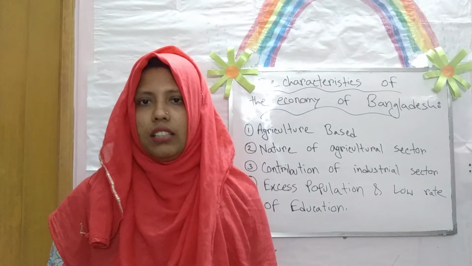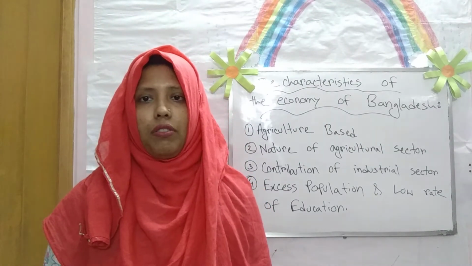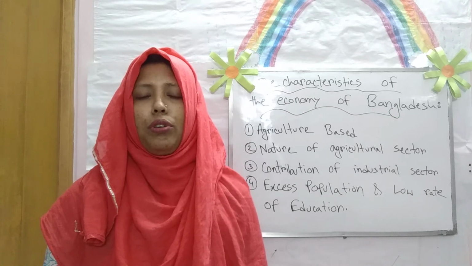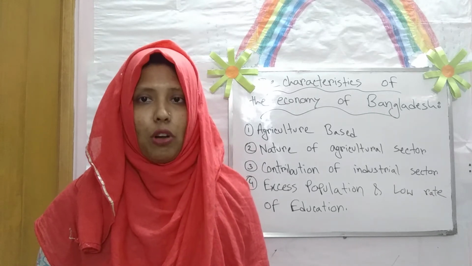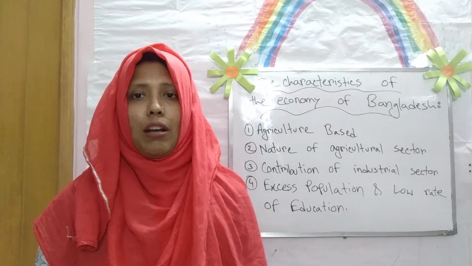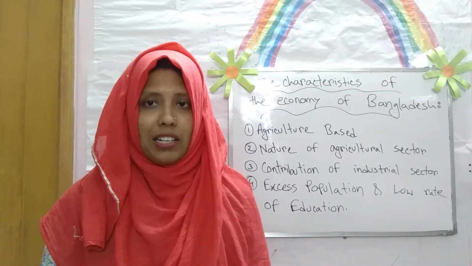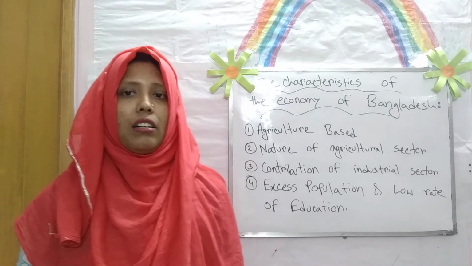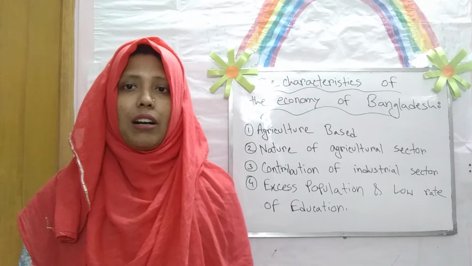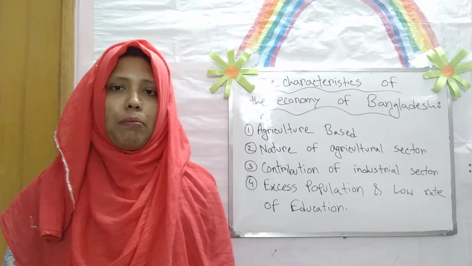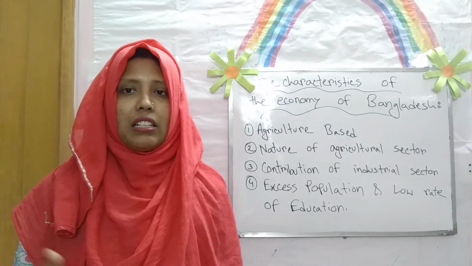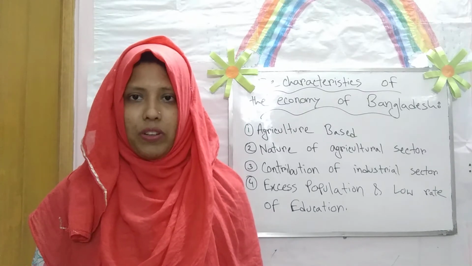We already know about the condition of the economy of Bangladesh. We know Bangladesh is now a developing country, but some years ago, Bangladesh was not. Bangladesh was an underdeveloped country, and her per capita income was very low, under 1,000 US dollars.